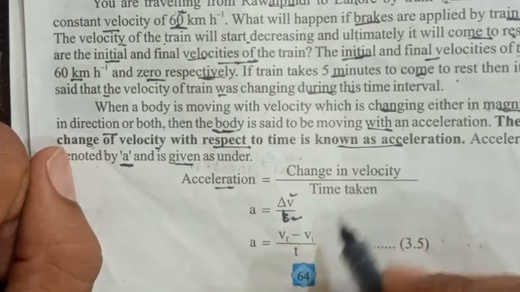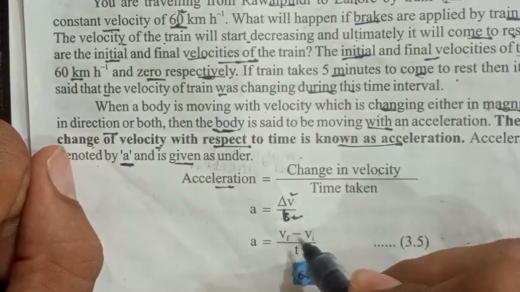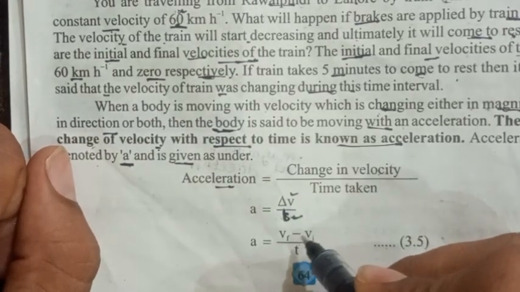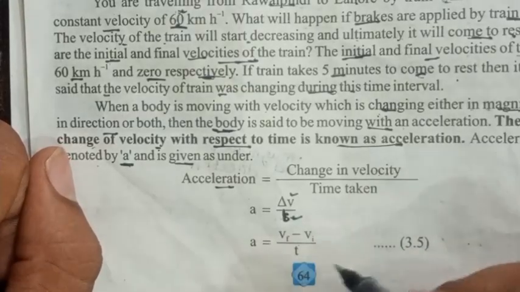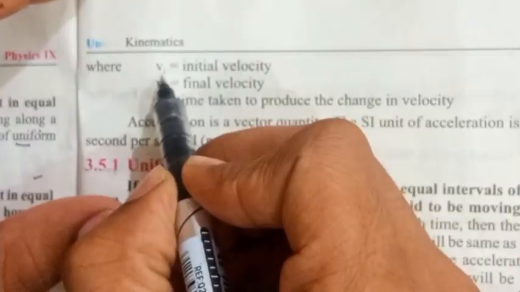So if you want to find out the acceleration of a body, first of all you subtract the initial velocity from the final velocity, then divide it by time, and your acceleration will be found. Okay, see here.